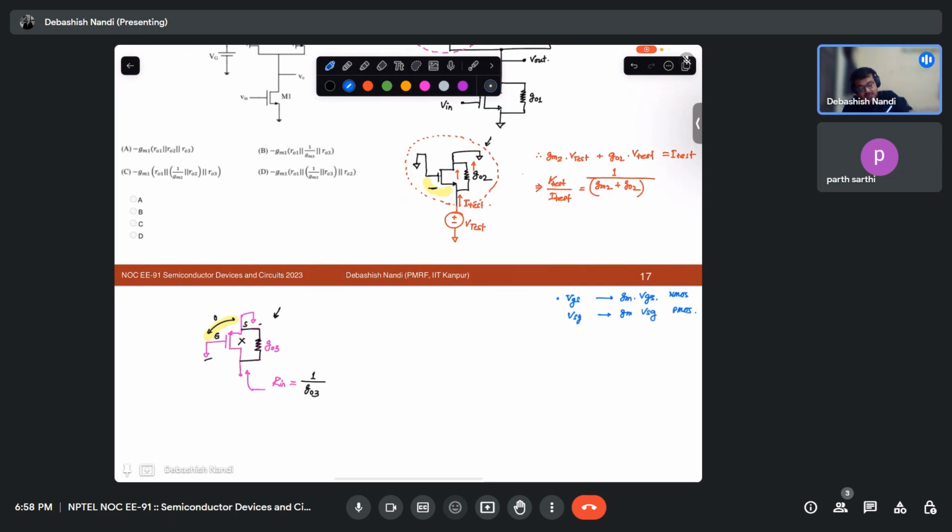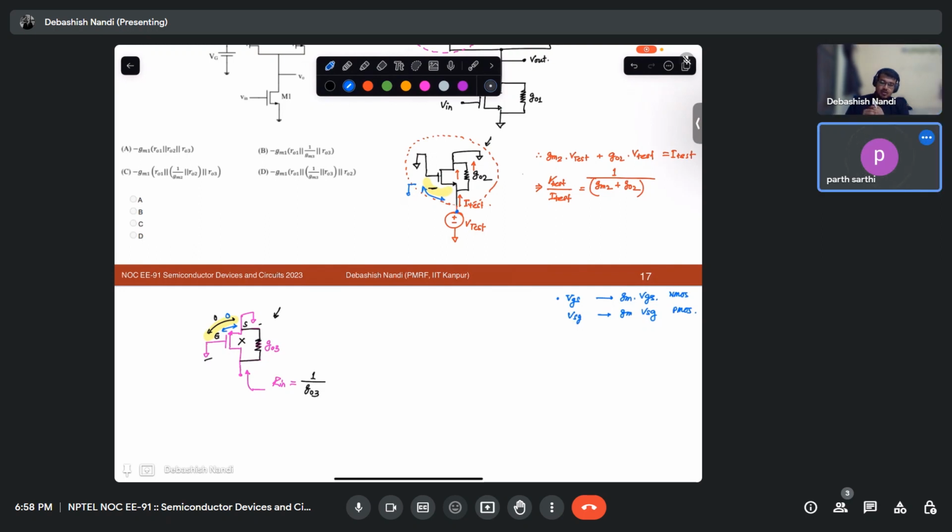Here your VSG is 0. Here your VSG was not 0. G was 0, but the source was at V test. Do you see it?